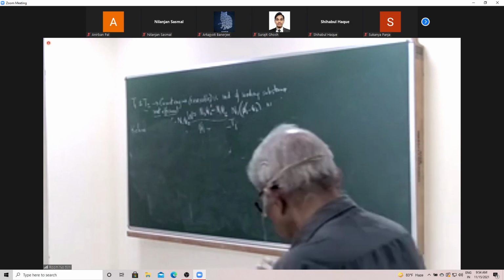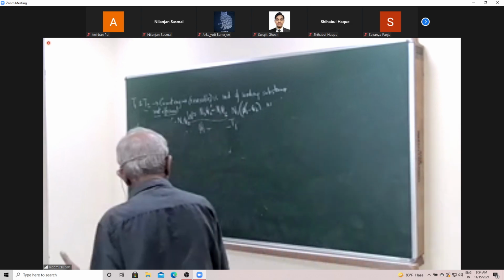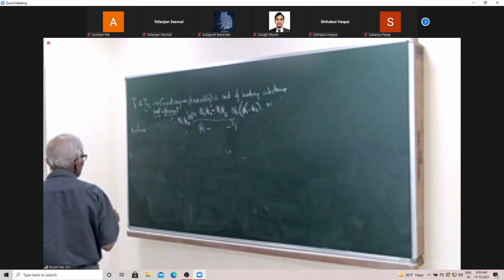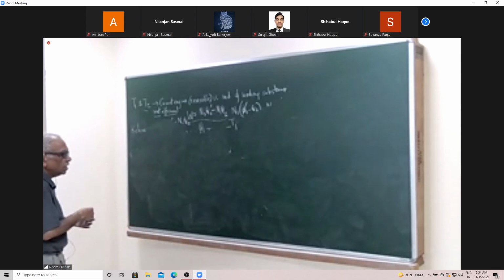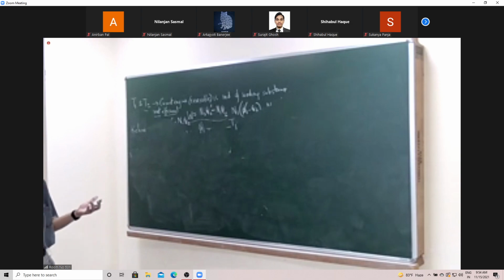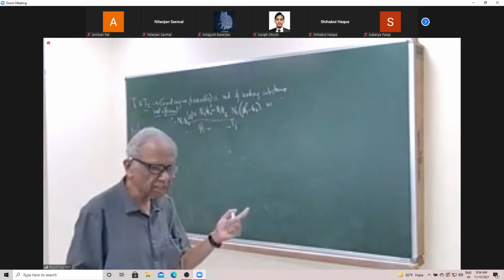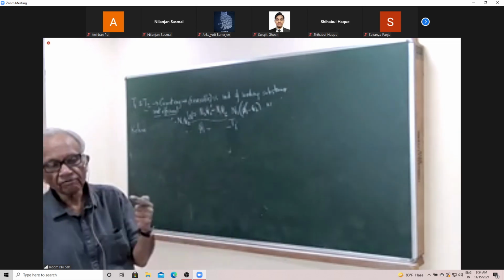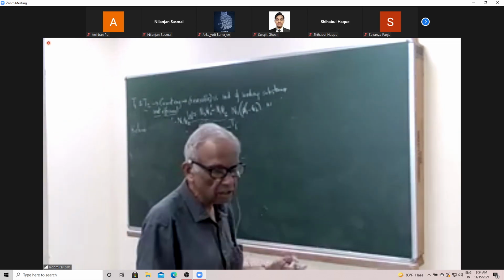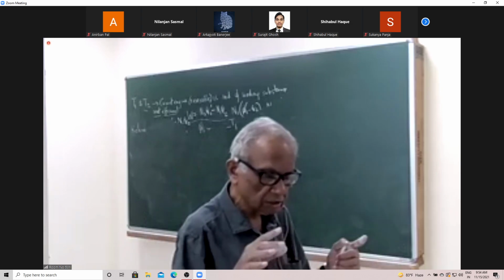Reversible is a sort of idealization where you can go backward and recreate all the steps. It is the reversibility of the Carnot engine that makes it special.